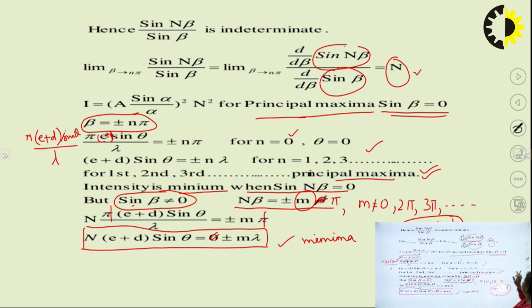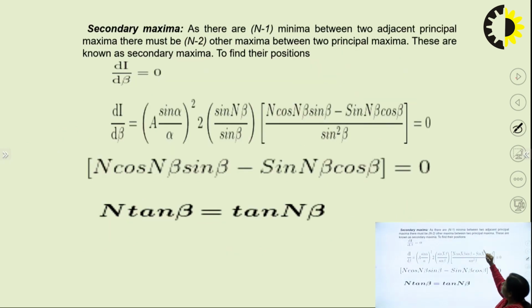So that is why they are saying that if there are N slits, there will be N principal maxima, but there will be N minus 1 minima, and then there will be N minus 2 secondary maxima. Suppose we have the zero order principal maximum and the first order. In between we will have secondary maxima. That is what is meant by this definition.